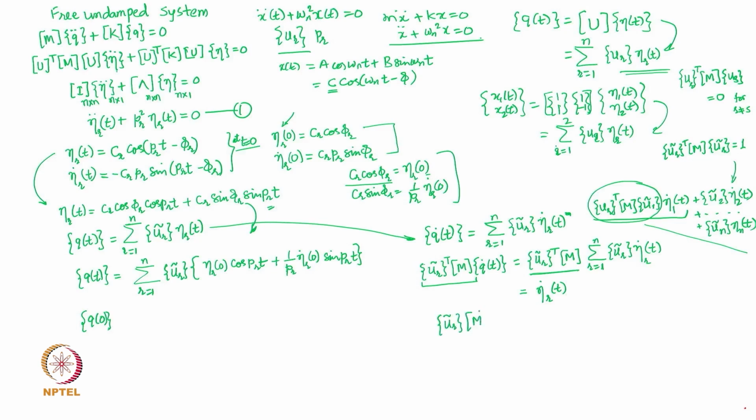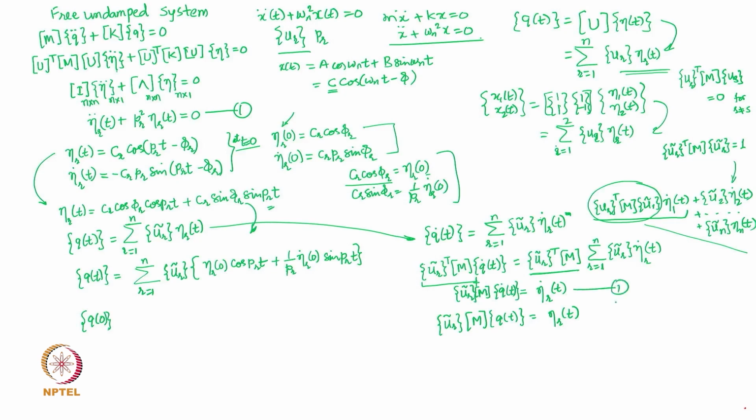It is quite simple to show that this expression is true for the other initial condition, that is the displacement, that this is equal to eta r t. We can show that. So what we are writing here are these two conditions that we have got: ur transpose m q dot t is equal to this.